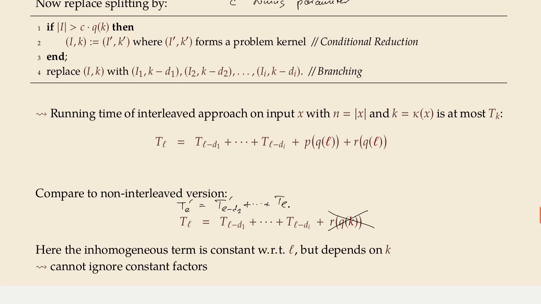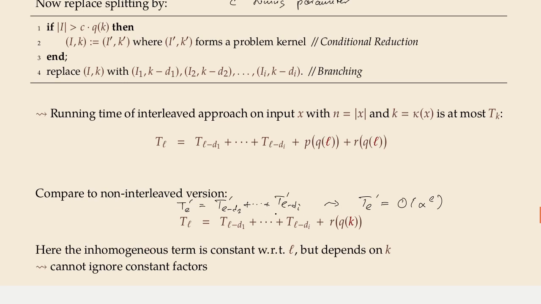Let's just write that down so that I can undo this here. That's what we essentially assume. And that's why in the running time bound, we had to multiply this alpha to the L by the cost for each recursive call.